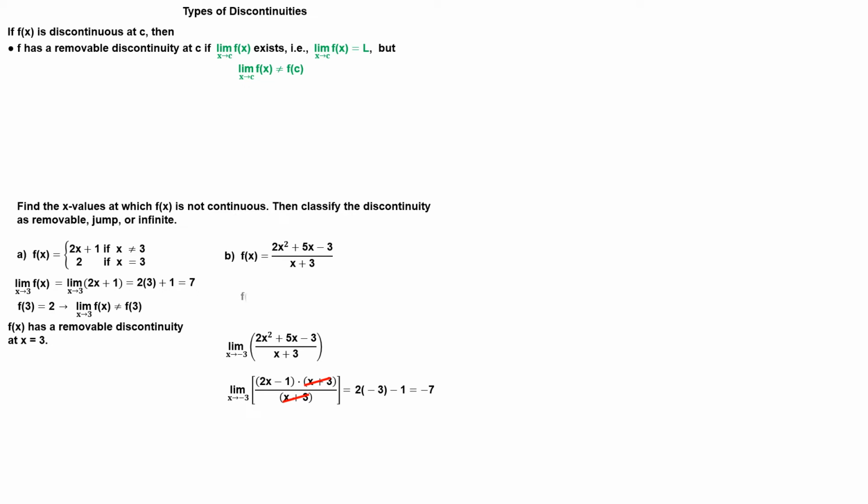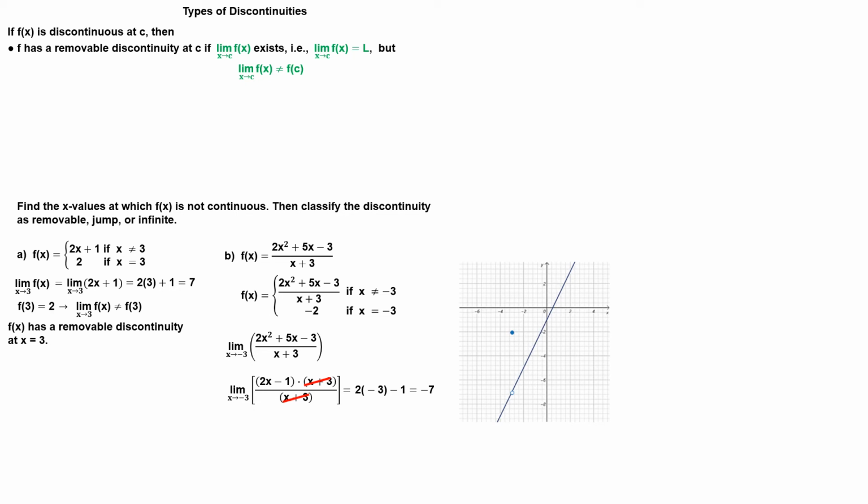We can now remove this discontinuity at -3 simply by redefining the function. We can make the function a piecewise function and define a part of the function at the point where the hole is. We can redefine f of -3 to be -2, for example.